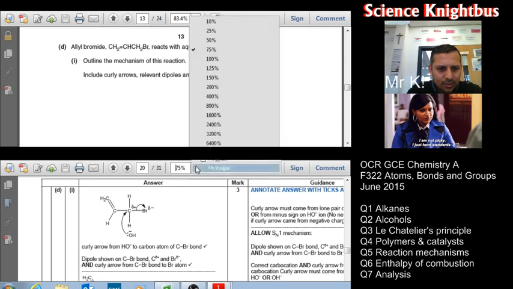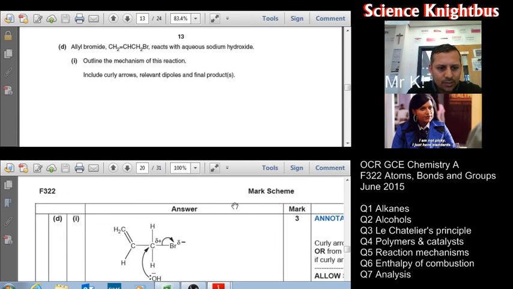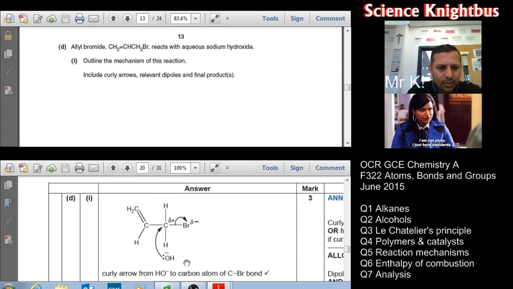Right. Okay. So I hope you can see this. So the mechanism, you can see that that's the nucleophile. Curly arrow straight from the lone pair directly into the actual centre. Do you want to take a seat here? You can, Phil. Sorry. Here we go. Curly arrow straight from the OH.